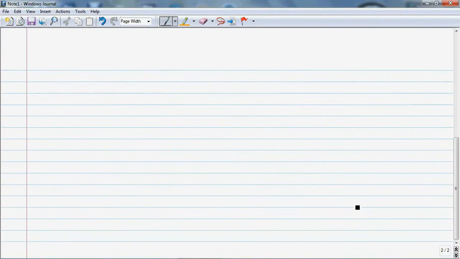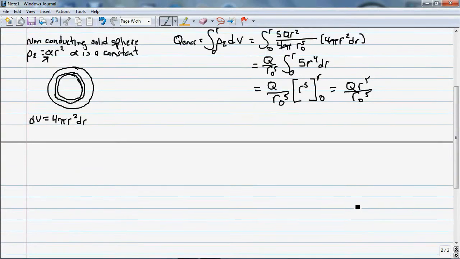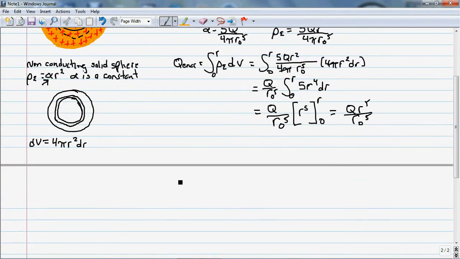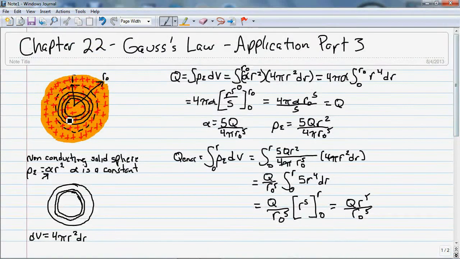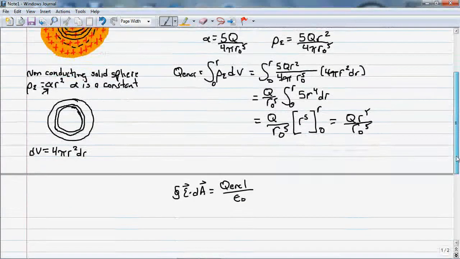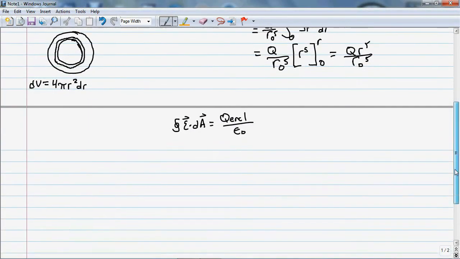Now I can use Gauss's law. So I'll have the surface integral of the electric field dot dA vector is equal to Q enclosed over epsilon naught. Remember that this is symmetry. The charge density is in concentric circles. We have symmetry. That means that our electric field is going to be evenly distributed around the shell.